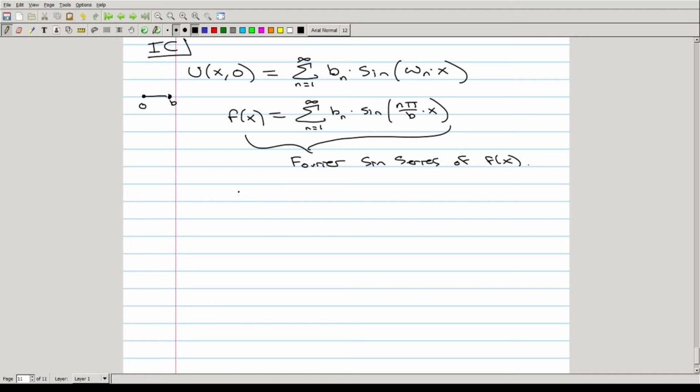Specifically, Bn is going to end up being 2 over b, where b is the length of this interval, times the integral from 0 to b of f of x times sine of n pi over b times x dx.